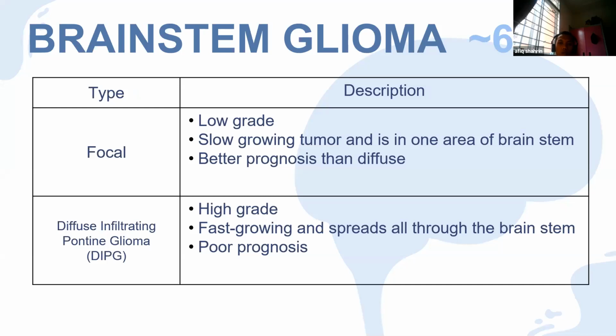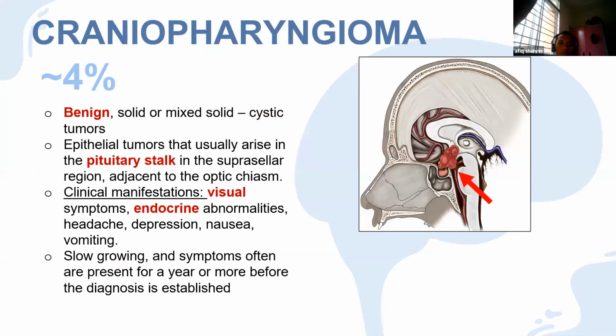Lastly, we go to craniopharyngioma, which is a benign cystic tumor that arises from the pituitary stalk. Thus, the children may come with some endocrine abnormalities because it affects the pituitary stalk.